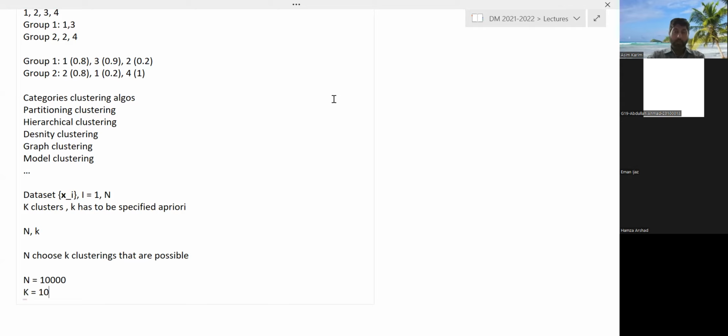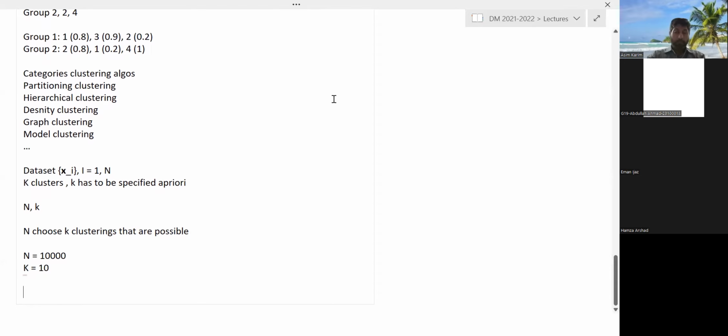But of course, all of those clusterings are not of interest to us. We would like to find those clusterings which satisfy our criterion. And our criterion in layman terms was: objects within a cluster are similar, objects between clusters are dissimilar. So in most partitioning algorithms, we will define this criterion explicitly as an objective function and then solve this optimization problem in an iterative fashion.